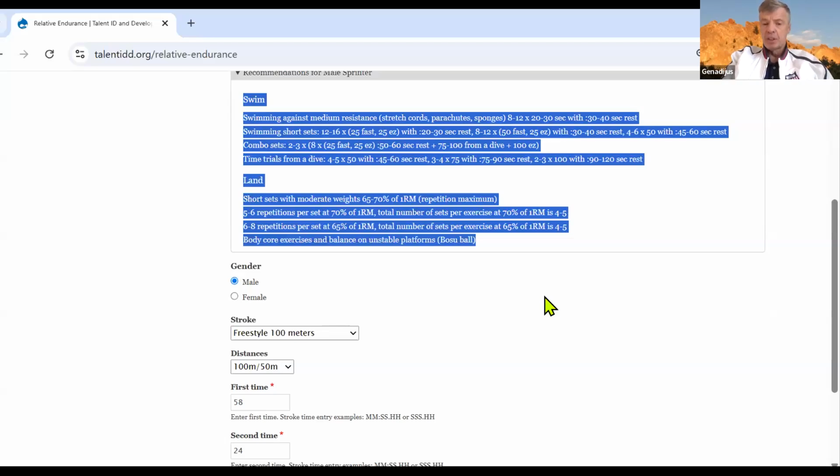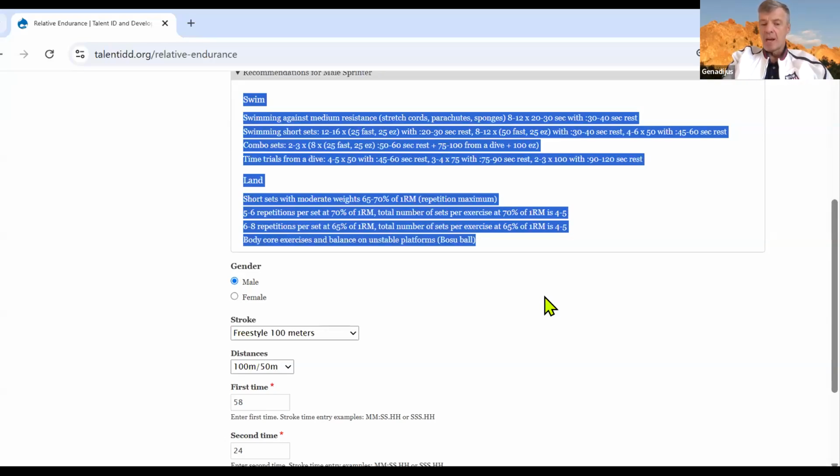Then 5 to 6 repetitions at a resistance of 70% of maximum, and doing sets also with repetitions 4 to 5 times, not just bench press, let's say once or twice, but you need to do more high repetitions. And then 6 to 8 repetitions at 65% of one repetition maximum. Total number of sets per practice, 4 to 5 as well.